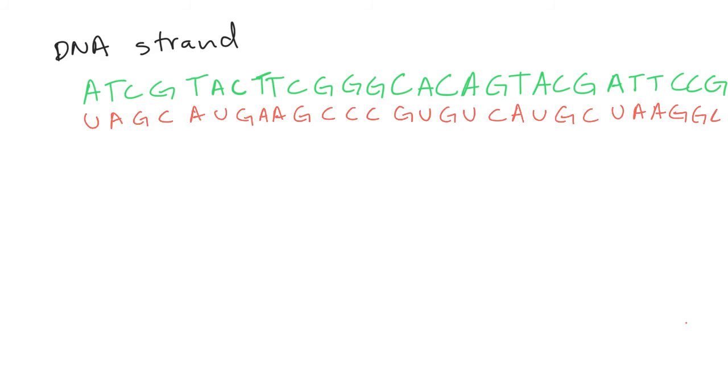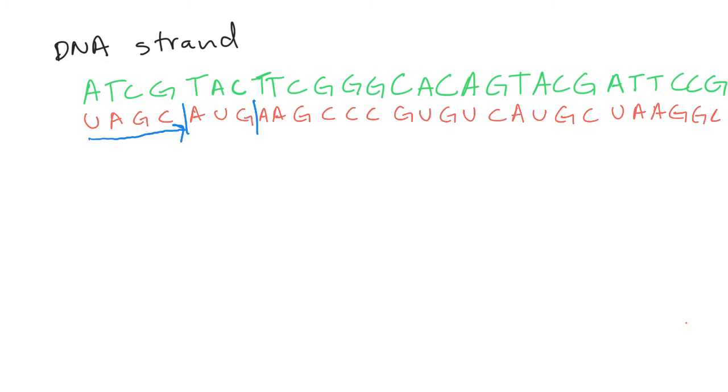But that's not how translation works. You have to find a start codon first. So what you're going to do is go along here until you find the start codon, which is AUG. Okay? So if you would have started just at the beginning, you would have missed that AUG because it would have split up here and here.